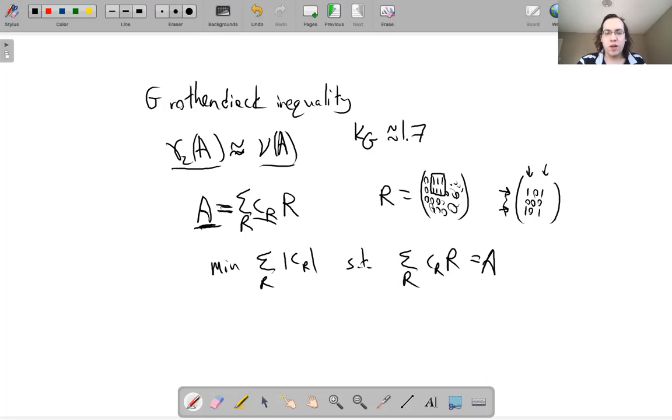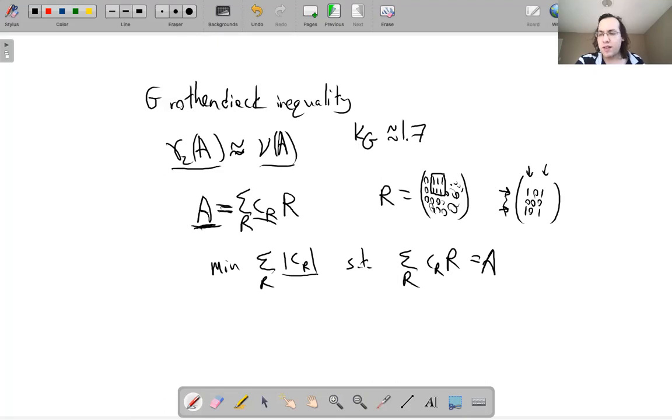And so the exact constant actually depends on whether we use rank 1 sign matrices, which is what Grothendieck used, or rectangles, which loses another factor of 4. Okay, but that's fine. So we have another characterization of the gamma 2 norm, which basically says that it's the sum of absolute values of coefficients that we need in order to write the matrix A as a linear combination of rectangles.